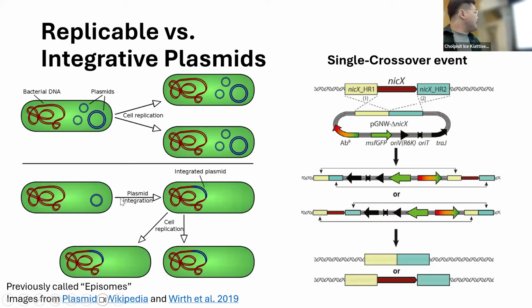If it is something that can't really replicate, but can stay in the bacterial cell only if it gets into the genome, so that the cells can divide and keep this part of the plasmid inside, that means it's an integrative plasmid. And the easy way to distinguish these kinds of plasmids is whether they can replicate or not inside the host cell that we're talking about.